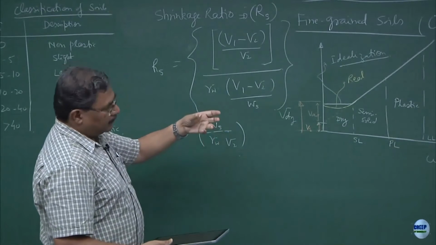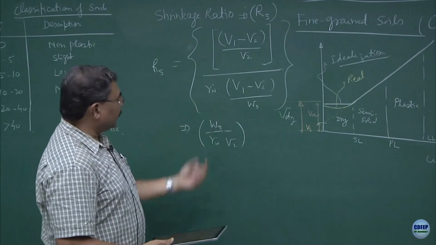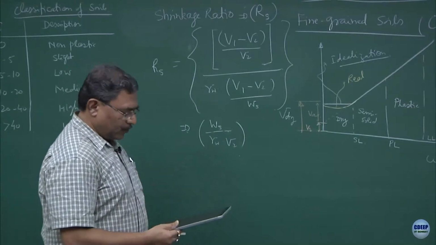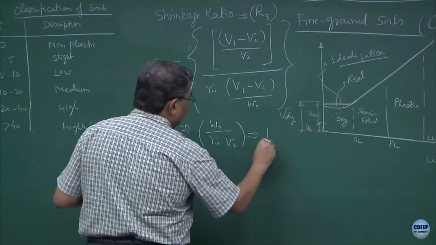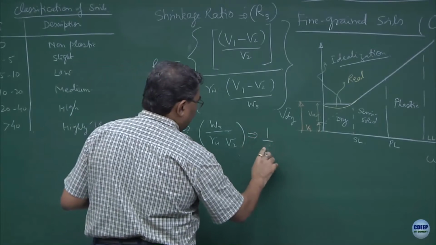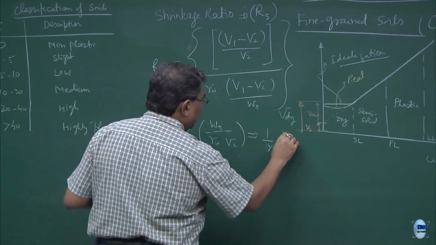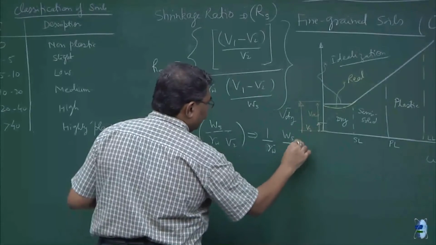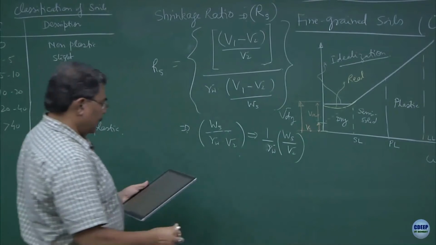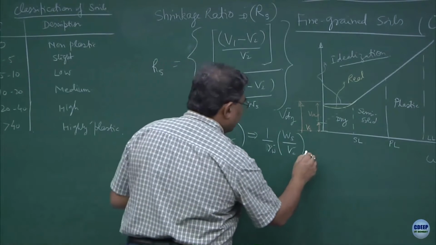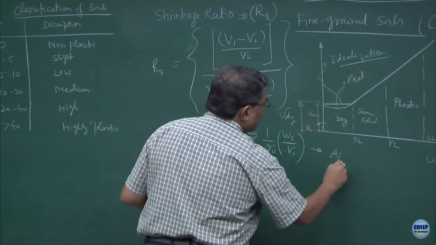I can dry the soil in oven, I can compute Ws, gamma W is known. This term can also be written as 1 upon gamma W into Ws upon V2. Alright. This is defined as apparent specific gravity.